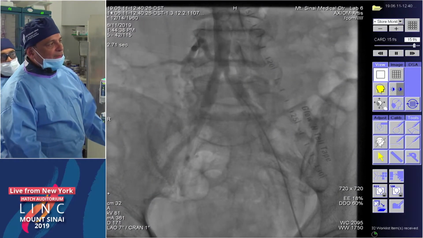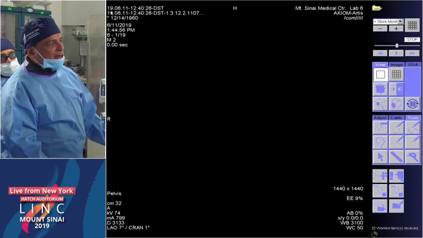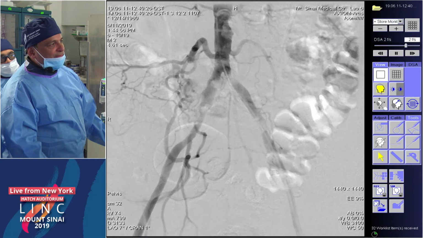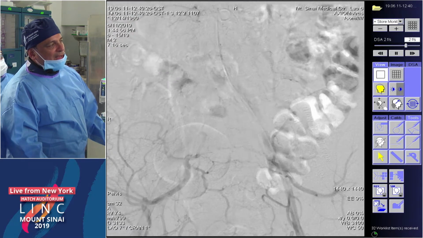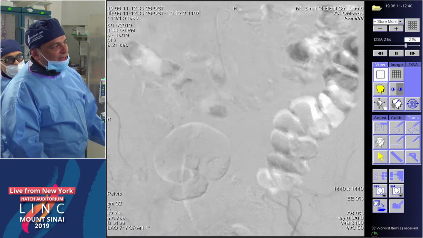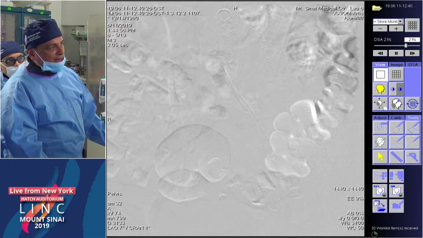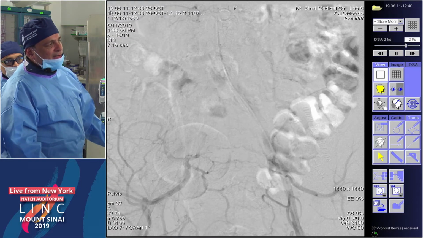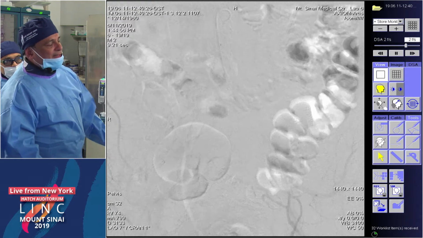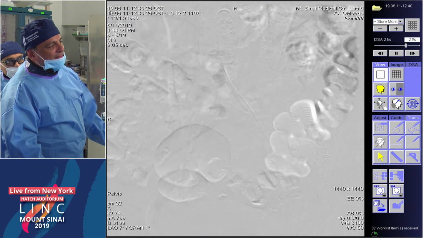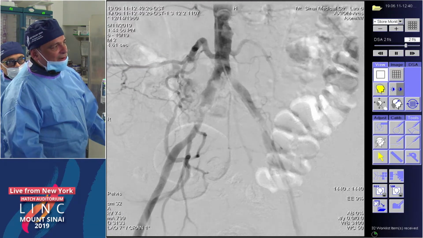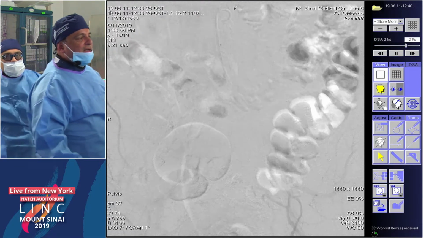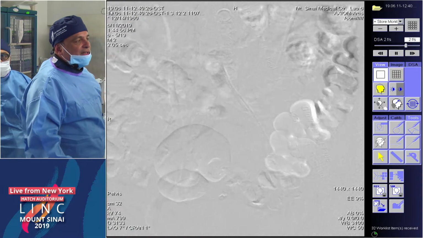Then we put a catheter up top and did a digital subtraction angiography. You can see with digital subtraction angiography, he has horrible bilateral bifurcation disease involving the distal aorta as well as the left and right common iliac artery ostium. He also has an eccentric plaque at the level of the right external iliac artery above the bifurcation, or just at the bifurcation of the internal and the external.